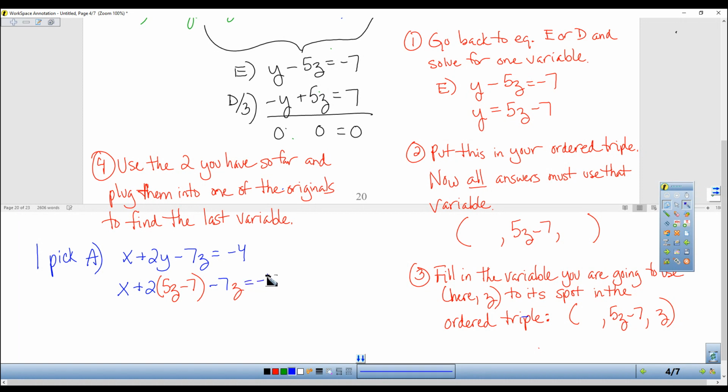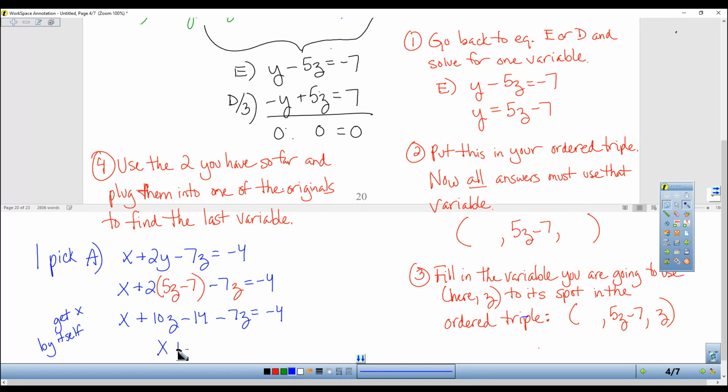But if they had been numbers, what would you have done? You would have gotten x all by itself. So still get x, or whatever variable it is, by itself. So I'm going to have x plus 10z minus 14 minus 7z is equal to negative 4.